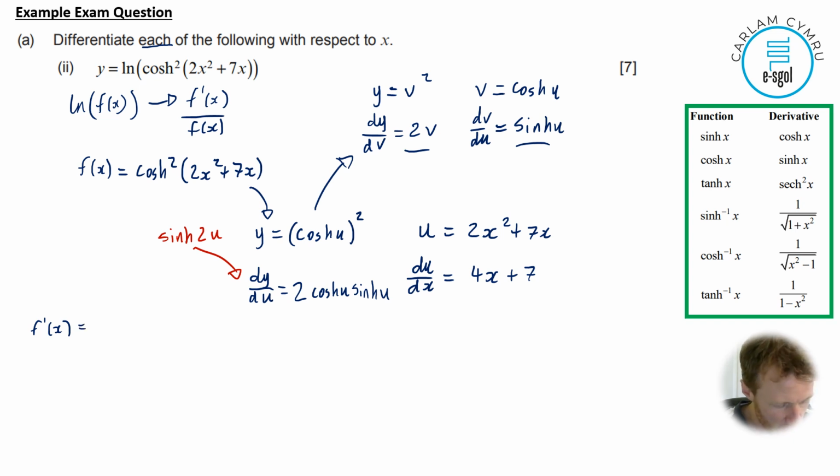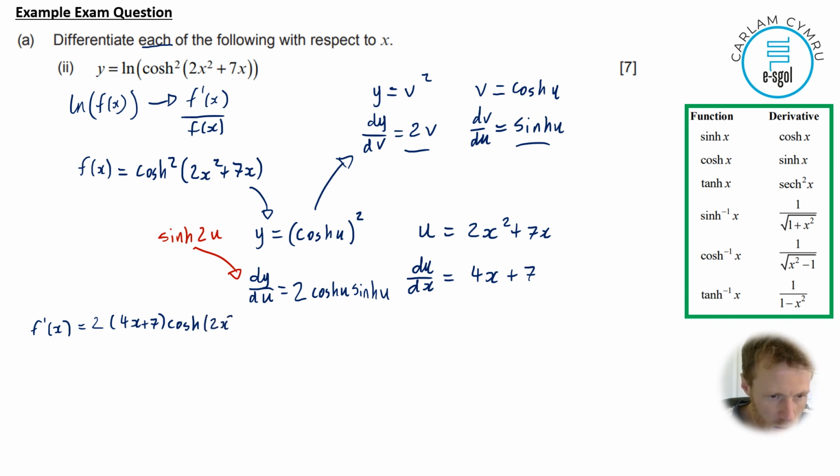It's going to be, oh, it's not very nice. 2 times 4x plus 7 times cosh u. However, the u isn't a u actually, is it? It's a 2x squared plus 7x.